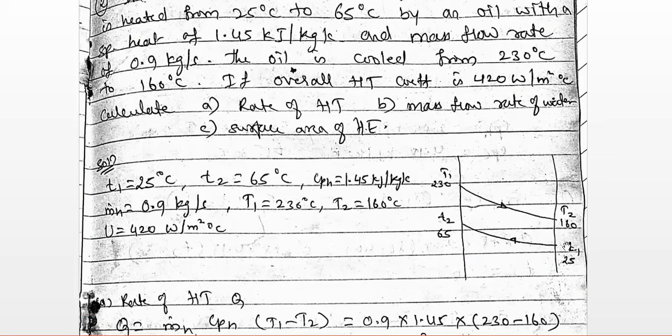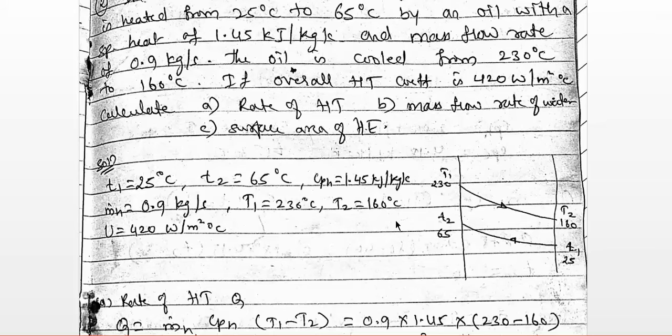This is the cold fluid, and this is the hot fluid. The cold fluid temperature is 25 degrees Celsius at the inlet and 65 degrees Celsius at the exit. For the hot fluid, this is the line of the hot fluid. The initial temperature of the hot fluid is 230 degrees Celsius, and at the exit of the heat exchanger, it is 160 degrees Celsius.